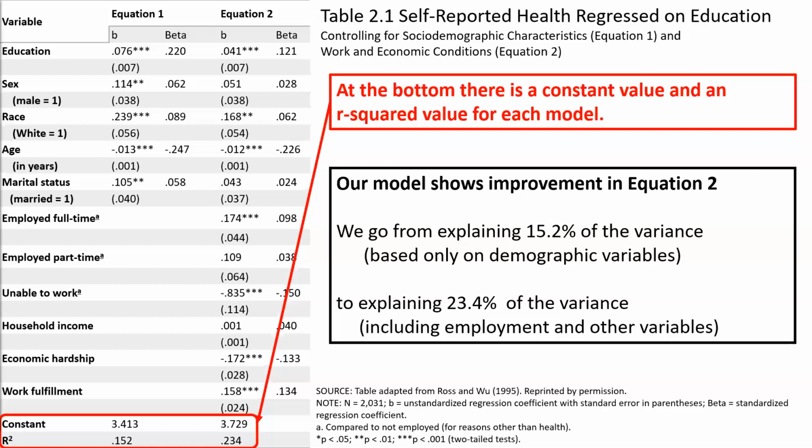We go from 15% explained variance to 23% explained variance. And 23% isn't really that big. So clearly there are a lot of other factors that aren't being accounted for in our models. But Allison points out that we shouldn't really worry too much about small R-squared values as long as other parts of our model are functioning and that we find that these things are statistically significant.